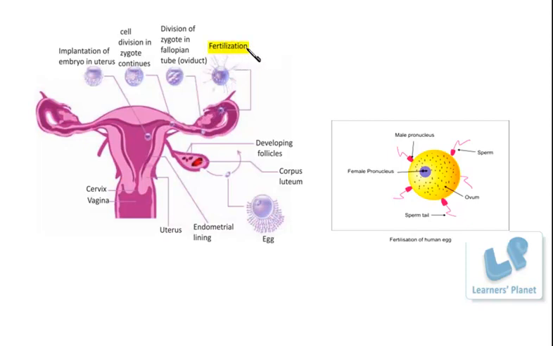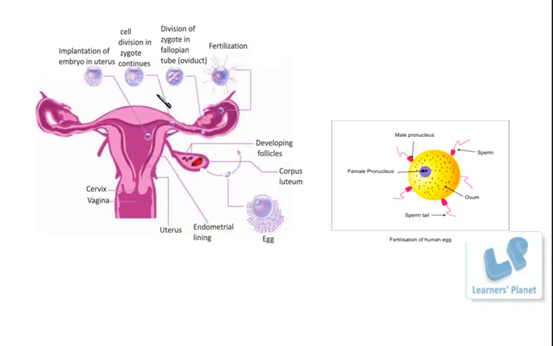Fertilization will result in the production of the zygote, and this zygote will now move on, it will keep on moving towards the central part, the uterus. And during this movement, cell division is also taking place continuously. A single zygote will initially divide into two cells. The two cells will further divide into four cells, and this way the process of cell division will continue.